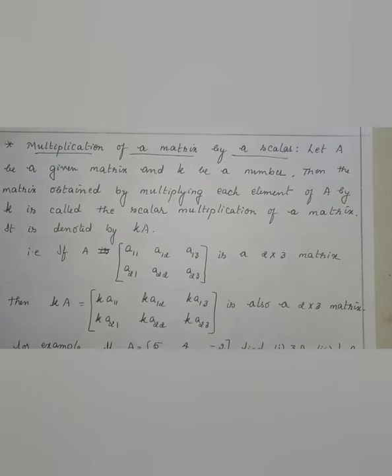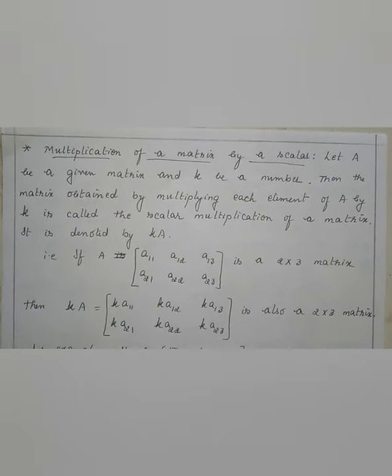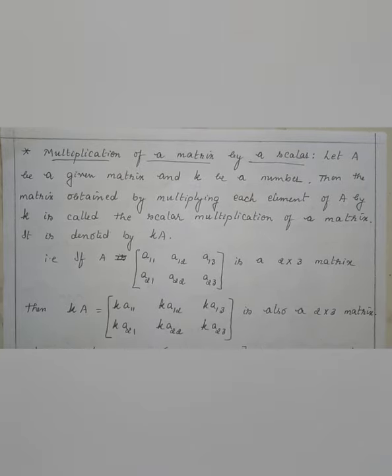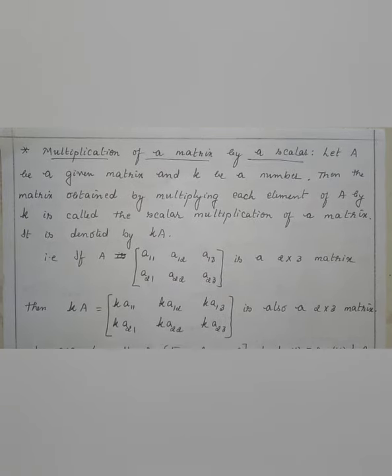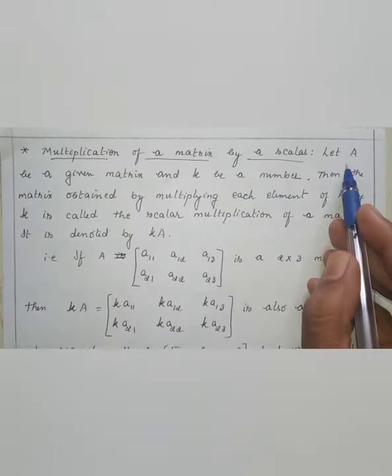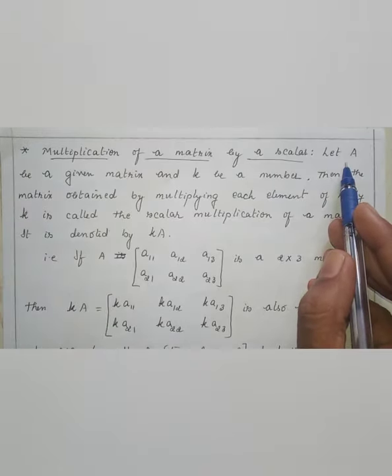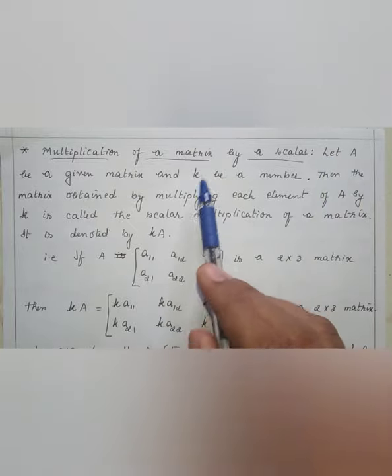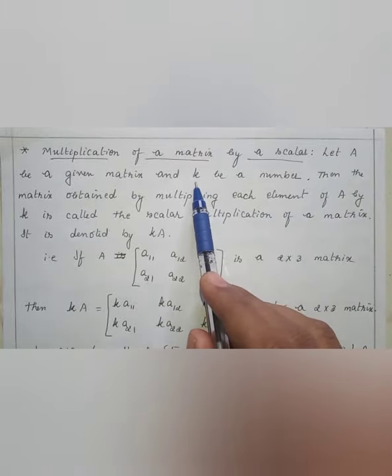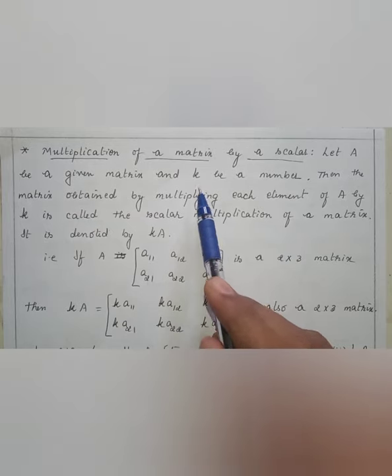One more: multiplication of a matrix by a scalar, or we can also call this the scalar multiplication of a matrix. I'll consider one matrix A and a non-zero number K. Usually we consider a non-zero number because any number multiplied by 0 is 0.